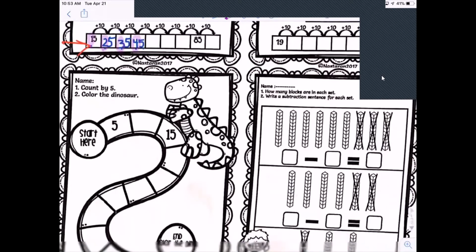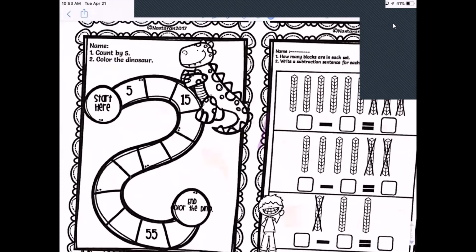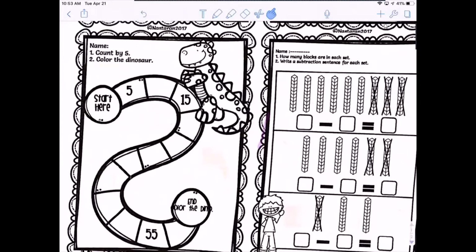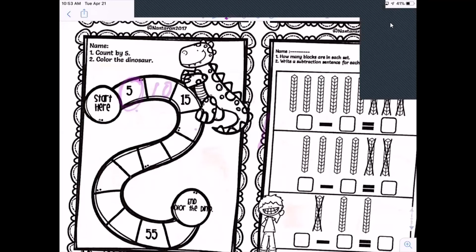Okay. Here on the dragon, you are counting by fives, like we would do in the morning, okay? So it's 5, the next one would be 10, 15, 20, 25. So you're skip counting by fives, like when we would practice skip counting by tens.